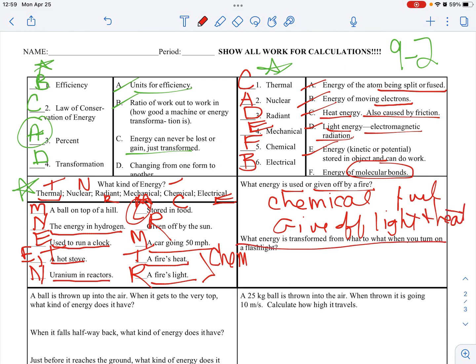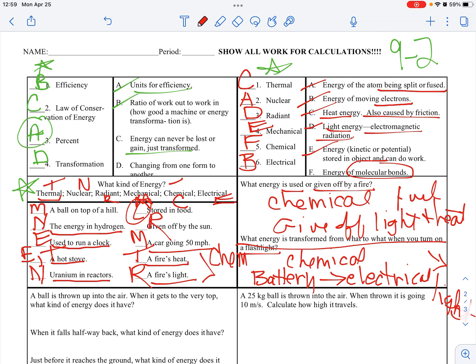What energy is transformed from what to what when you turn on a flashlight? So I have a battery that uses chemical energy that is transferred to electrical energy, and that electrical energy is used to power a light, so radiant.